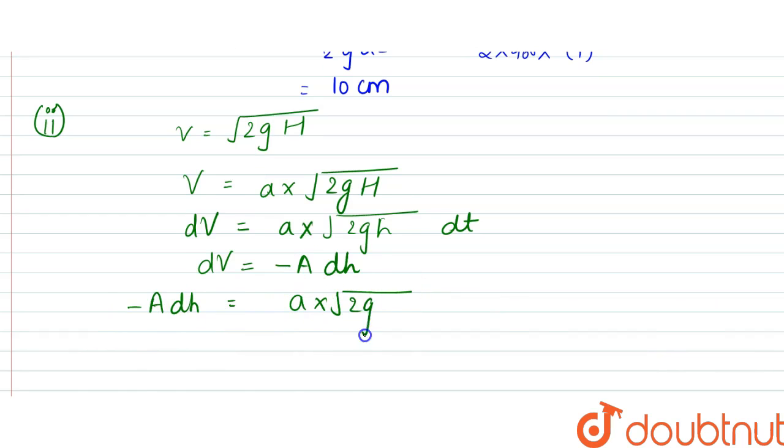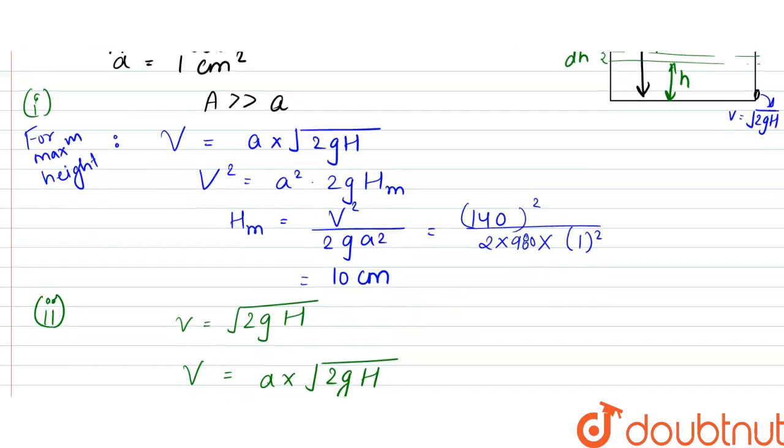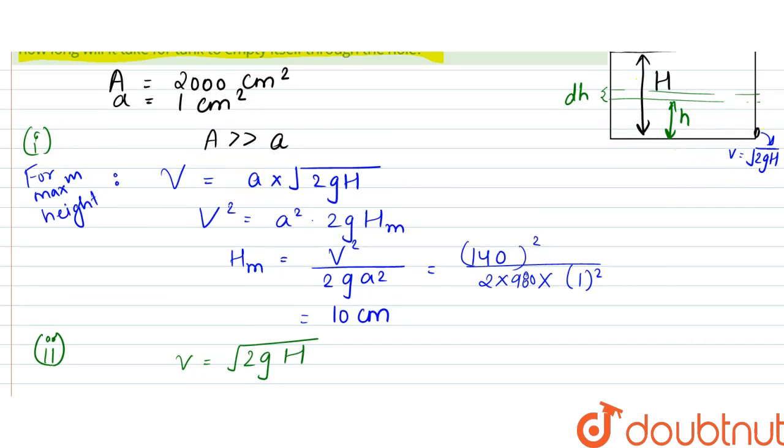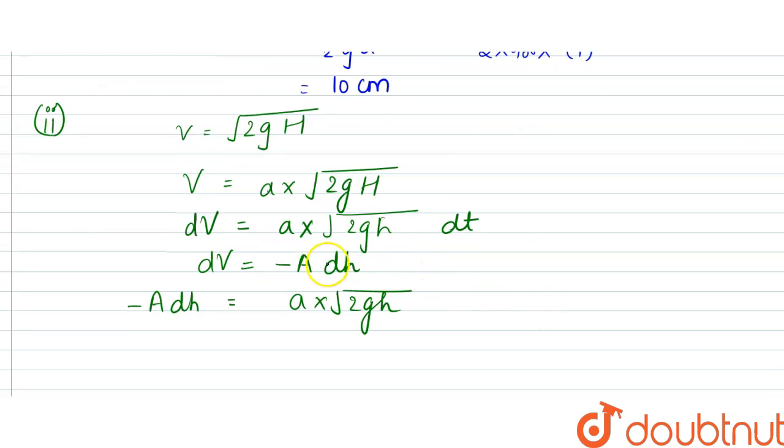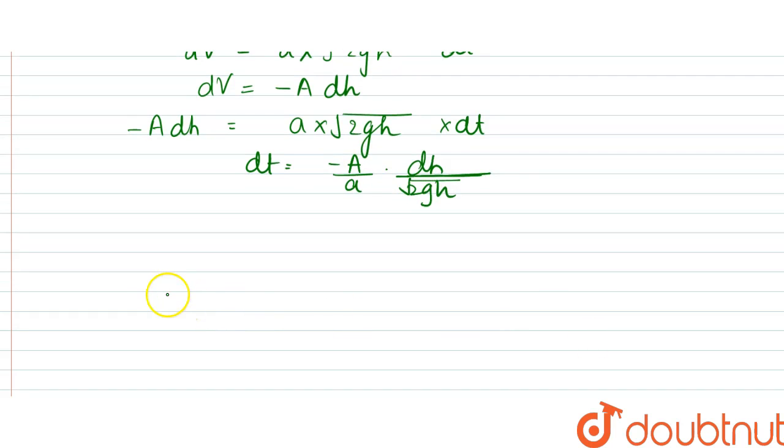So from here, dt turns out to be equal to minus A by a into dh by root over 2gh.